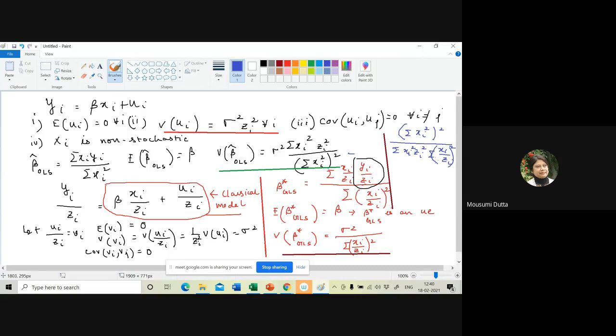Everybody got it? Ma'am, is it variance of beta star GLS by variance of beta hat OLS? Yes, I have to keep it, variance of GLS divided by variance of OLS. Okay, ma'am, I got it.